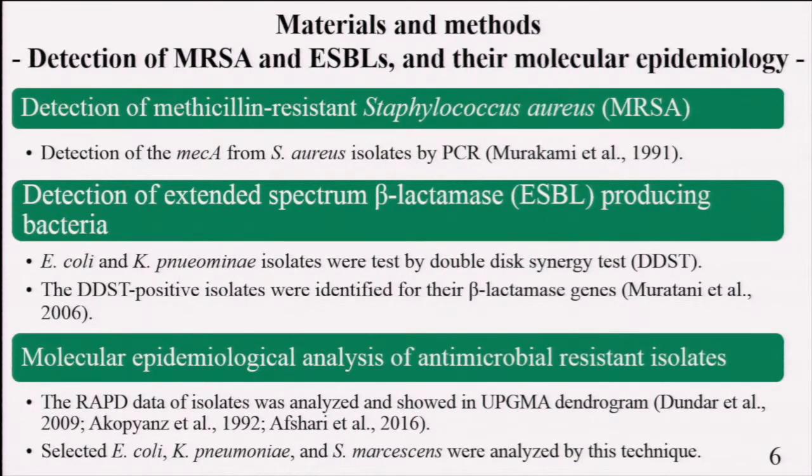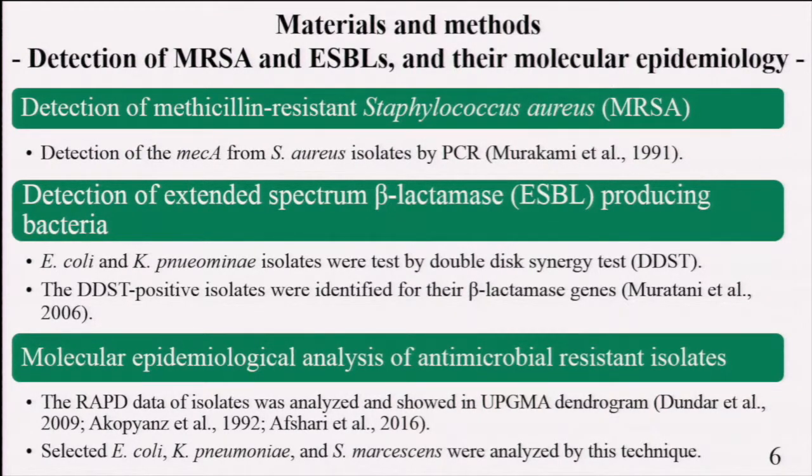Furthermore, we focused on antimicrobial resistant bacteria. We focused on methicillin-resistant Staphylococcus aureus and extended-spectrum beta-lactamase producing bacteria. First, we detected MRSA by PCR detection of the mecA gene from the Staphylococcus aureus isolated in this study. For the ESBL producing bacteria, we focused on the E. coli and Klebsiella pneumoniae isolates that were tested by the double disk synergy test.